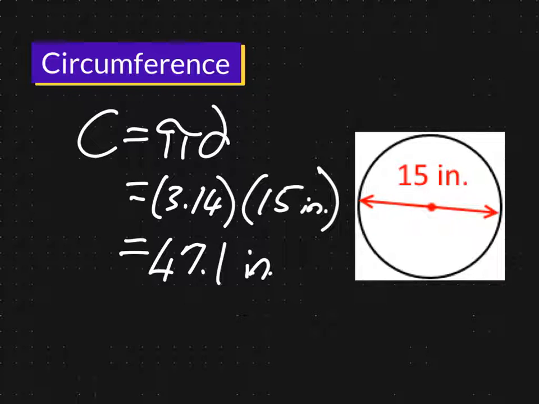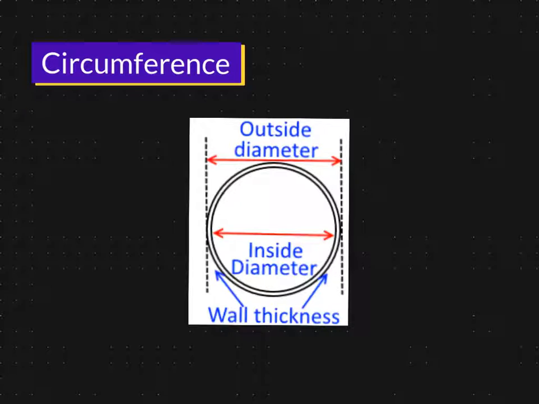Now in trades, something that you sometimes might need to think about is, are you looking for the circumference of the inside of the circle or the circumference of the outside? Now usually you're looking for the circumference of the outside, but I only bring this up because it is something to think about, and the calculation of circumference is based on the diameter.